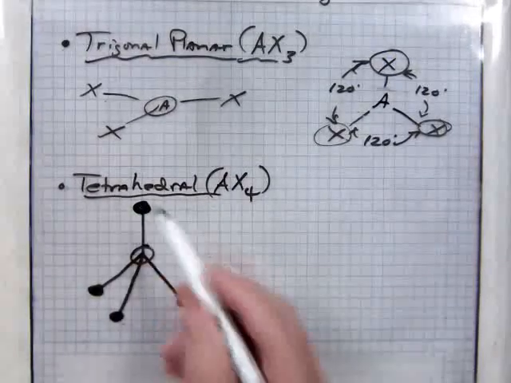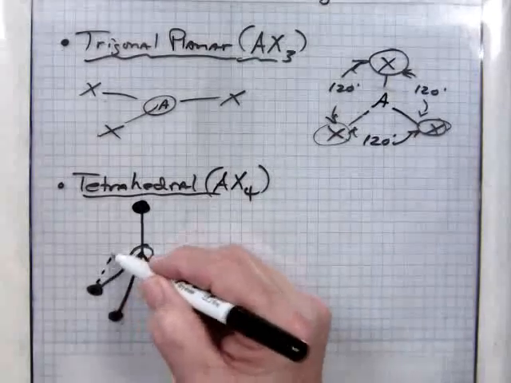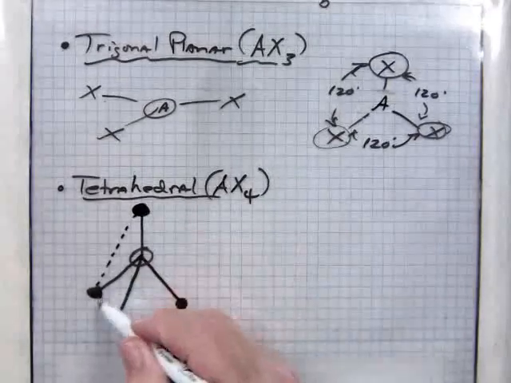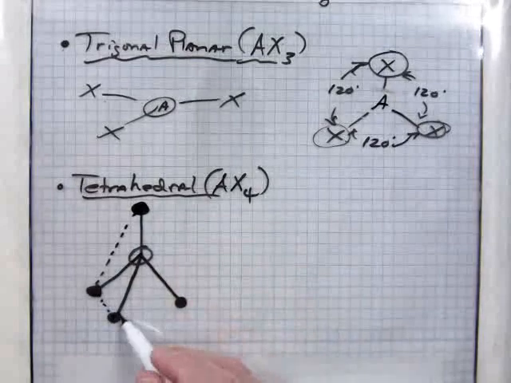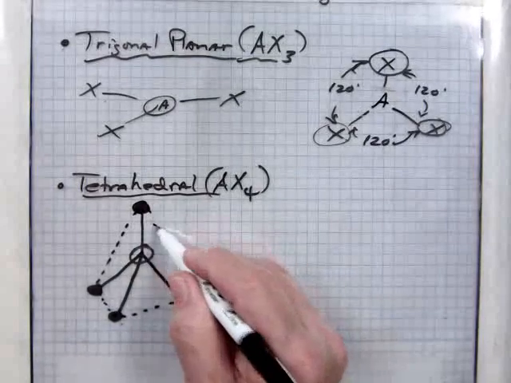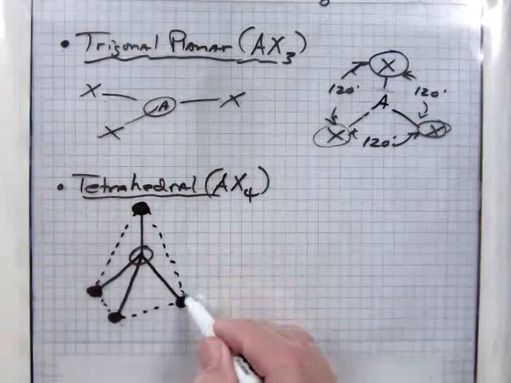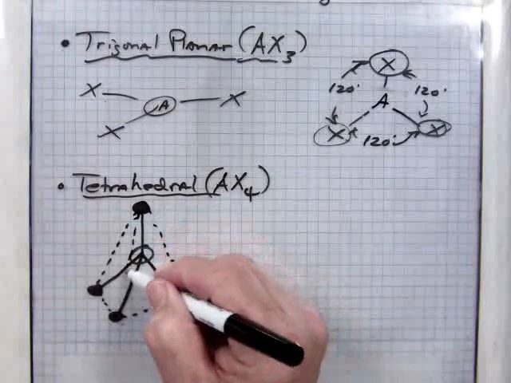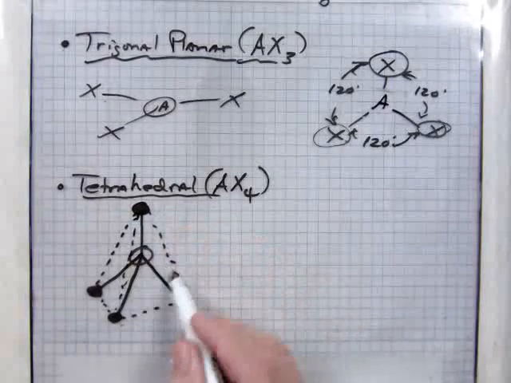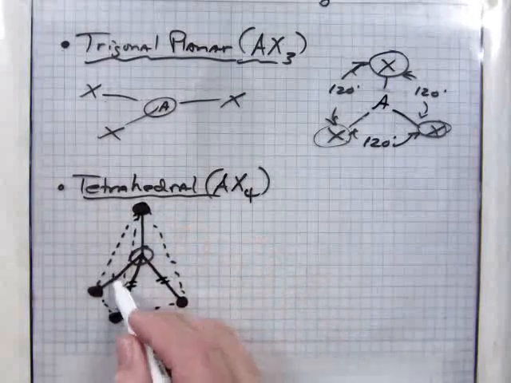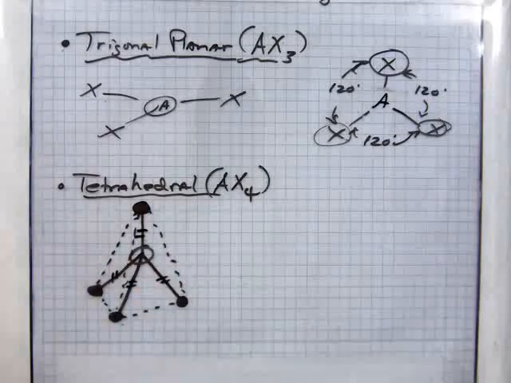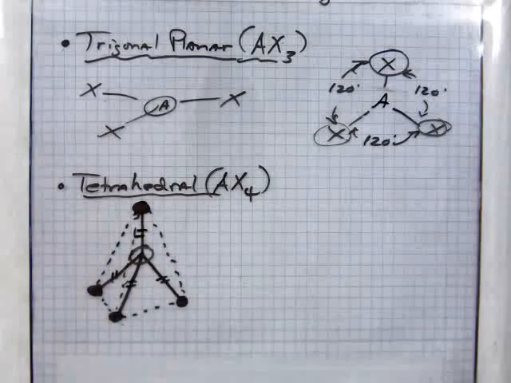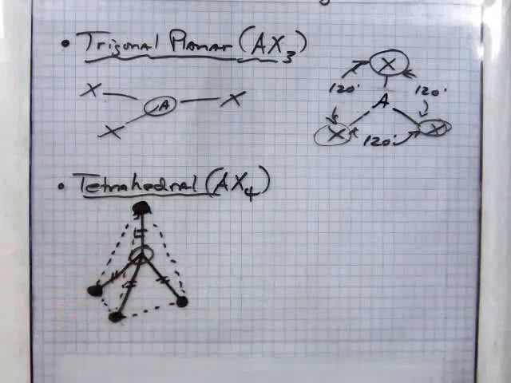If you draw dots to them, you'll see a regular tetrahedron. And of course, each one of these is a bonded pair, and they repel each other to positions that generate this tetrahedral geometry around that central element.